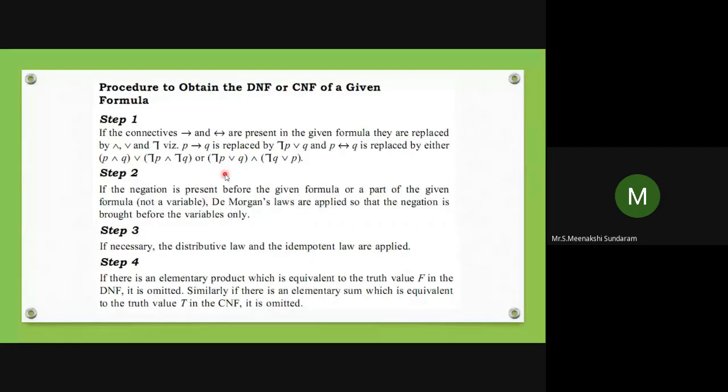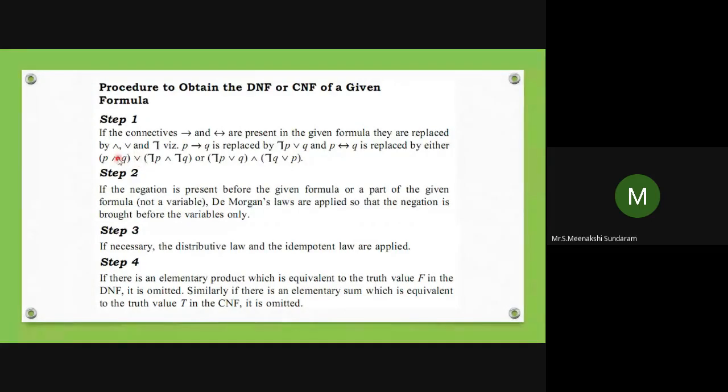Negation P, disjunction Q we can write. Suppose P biconditional Q comes, we can write (P conjunction Q) disjunction (negation P conjunction negation Q). In between the brackets the middle term is disjunction, so the upper formula is for DNF.